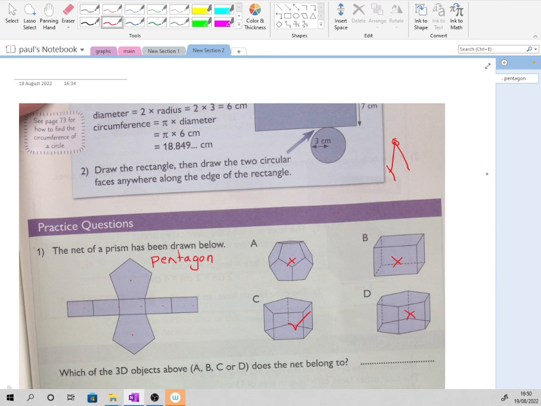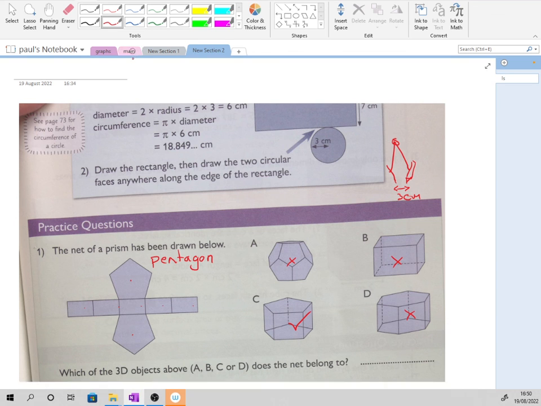You've got a point there and you've got a pencil on there, and you just have to draw something with a radius of 3 centimeters and go round in a big circle. So you don't have to do any more calculations. Yeah. 2 times the radius, circumference, diameter. Oh, they've worked out the area as well. But we know how to work out the area of complex shapes. We've done that before. Right, so that's that one.